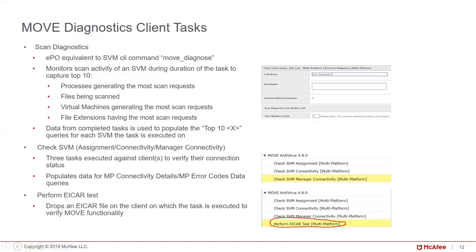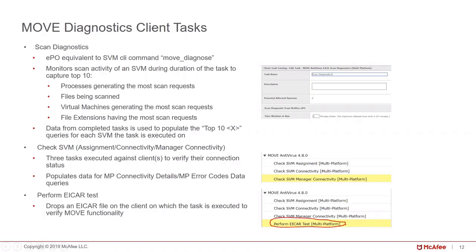The data from this task populates the top 10 queries that I specified. Client tasks are the activity and check SVM manager connectivity. You execute these tasks against the client to verify their connection status.